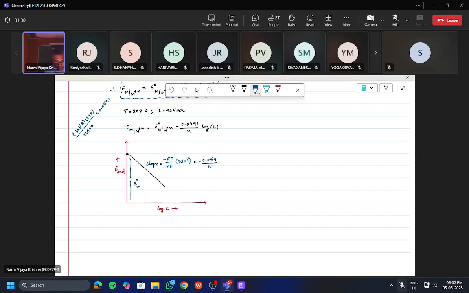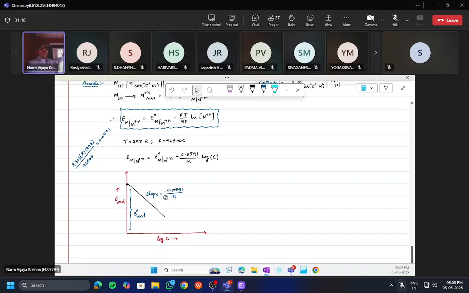E naught oxidation. And directly I am writing the slope value as minus 0.0591 upon N. Same only, but I am substituting that C value, nothing else. Clear? Any questions?